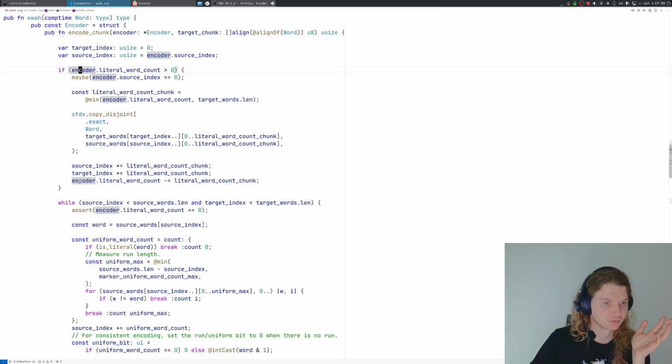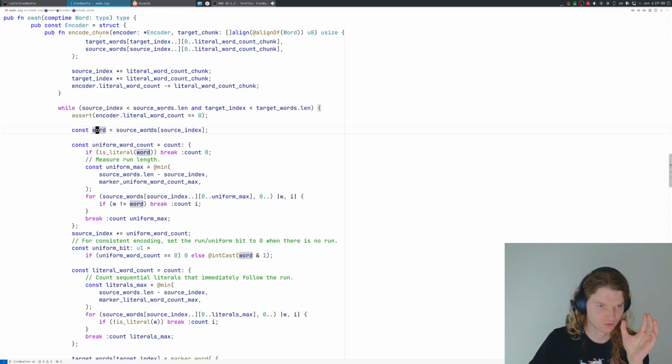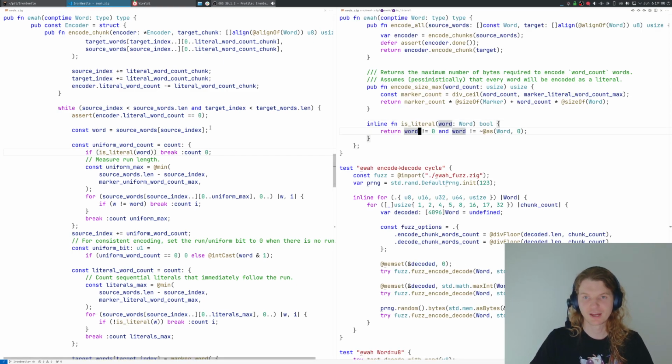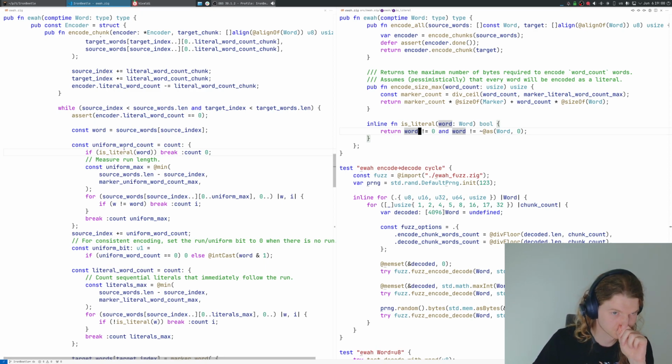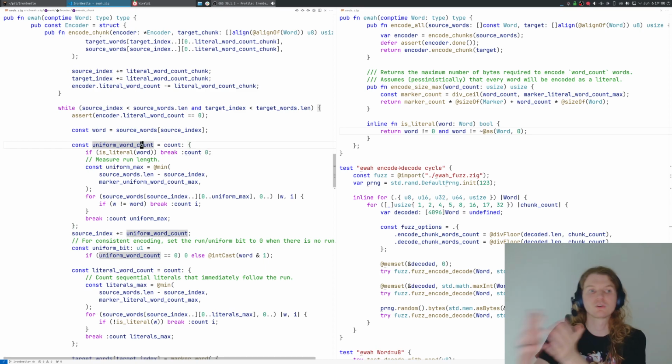We look at a particular word from the source. If this word is literal, meaning it is not a uniform word, not all zeros and not all ones, we say there is nothing to run length encode; there are 0 uniform words here.